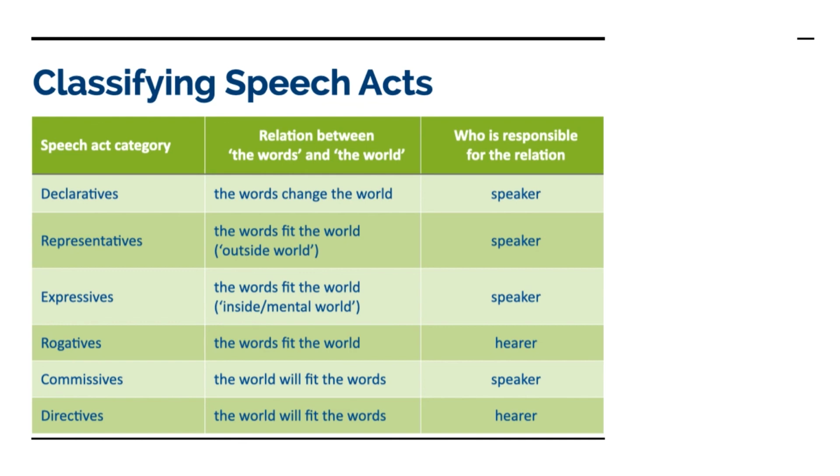Similarly, in directives, the words come first, and then there's a change in the world to make the situation match the words that have been spoken. The difference is, in directives, it's the hearer's responsibility to make the change so that the world will now match the words that have been spoken. And that's classifying speech acts.